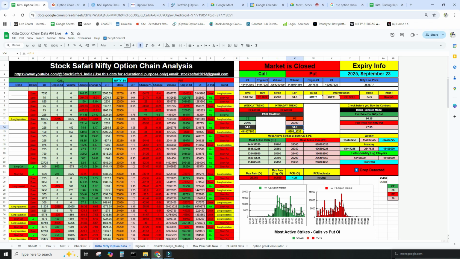sorry, let me tell you one thing. With the Black-Scholes method, if the put price is around 77, in our live Nifty price it can trade around 85 rupees also. It is only for our reference, what the fair price is for this particular contract, but most of the time we can't get the fair price in our option chain analysis. Why?